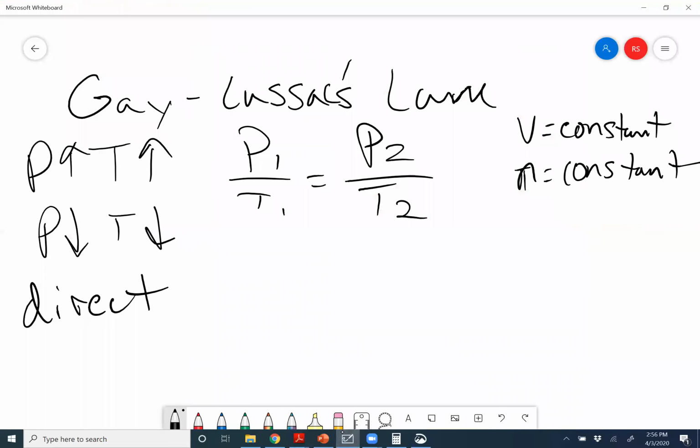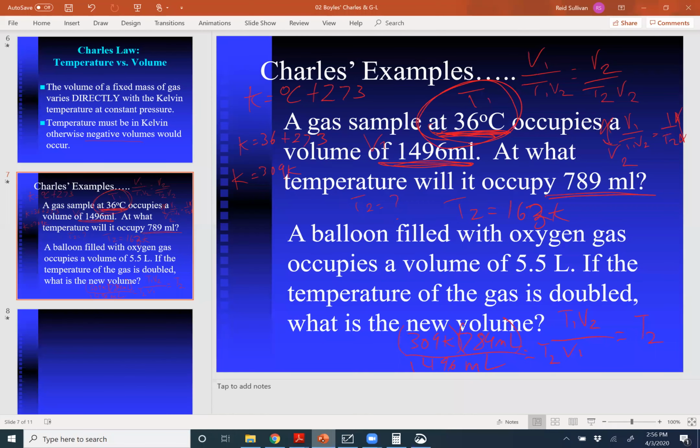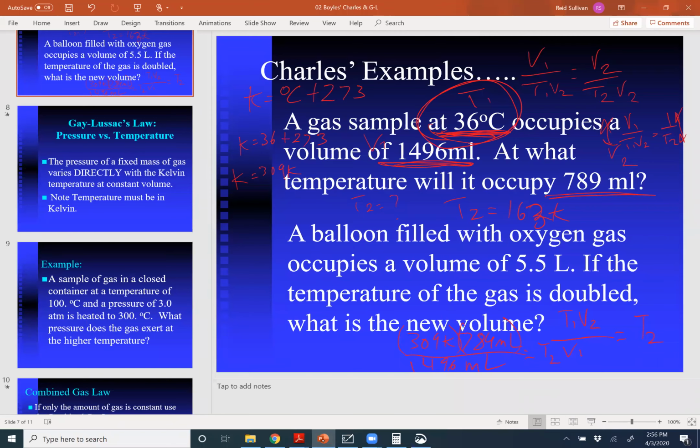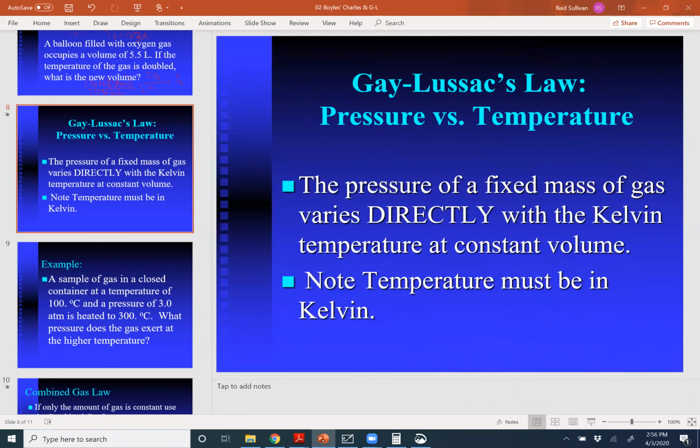So it's a direct relationship. Just like Charles' law, we're going to use division. And again, we have to use Kelvin, because if we don't use Kelvin, we don't have the correct proportionality. So there's the example, there's the words. We've got a direct relationship. The temperature has to be in Kelvin.